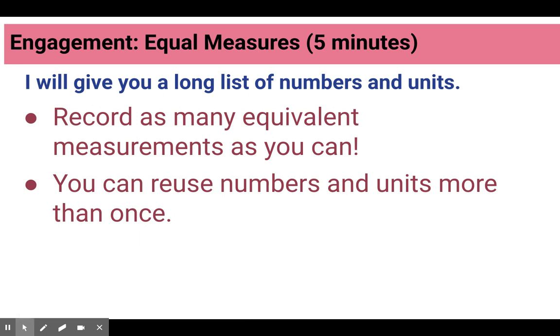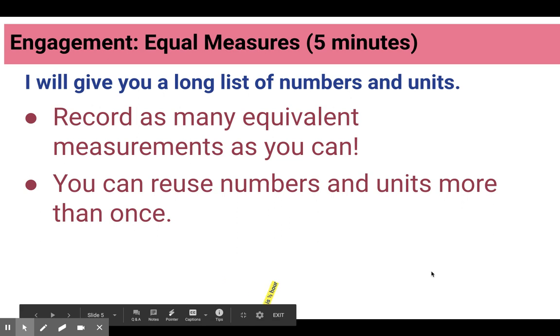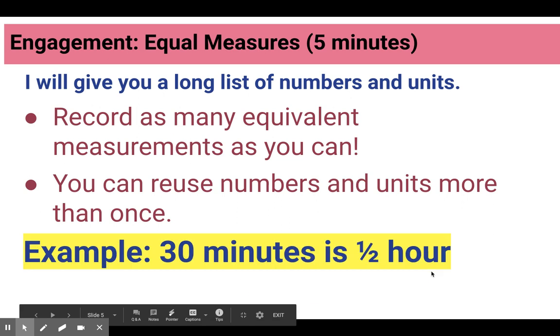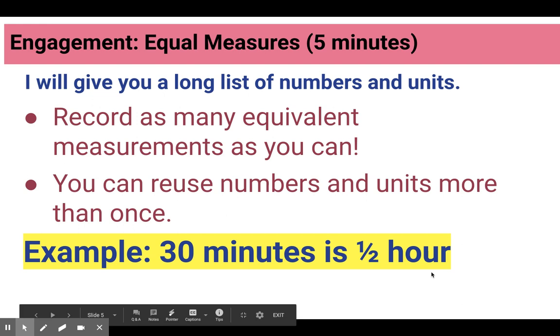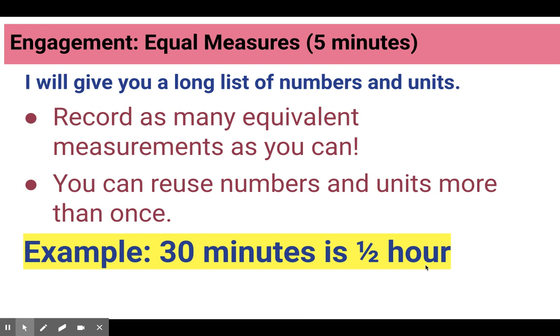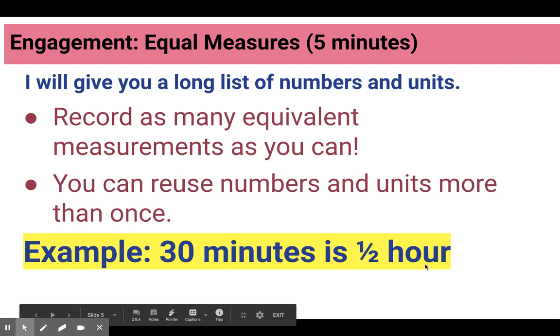You can reuse numbers and units more than once. For example, if I give you the numbers 30 and 1/2, you can tell me that 30 minutes is equal to a half an hour. So 30 minutes is 1/2 hour. So again, you're going to record as many equivalent measurements as you can. And like I said, you can reuse any numbers possible.